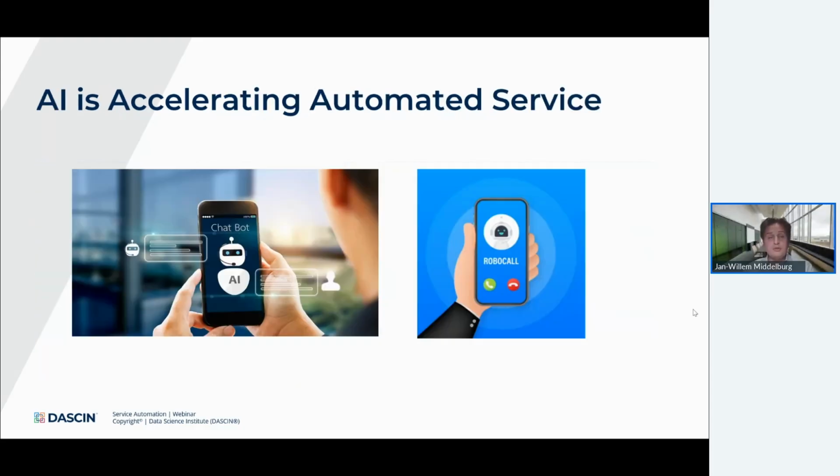Now, it's also fair to say that this service automation aspect is only at its very early stages. Because in the last 3 to 4 years, AI has been accelerating the capabilities, but also the amounts of possible use cases for automated services.